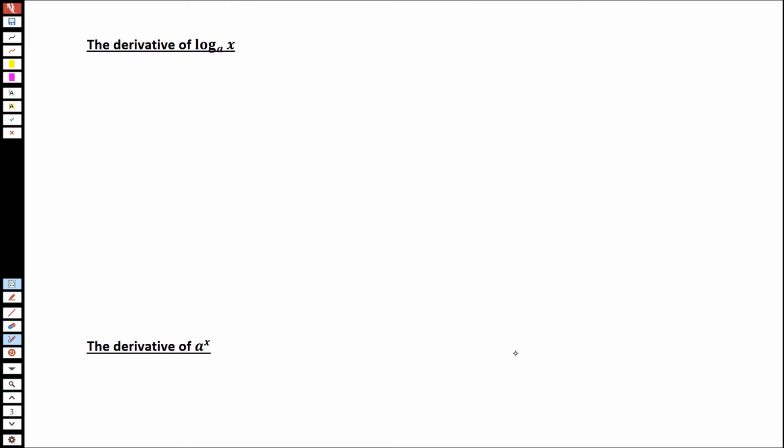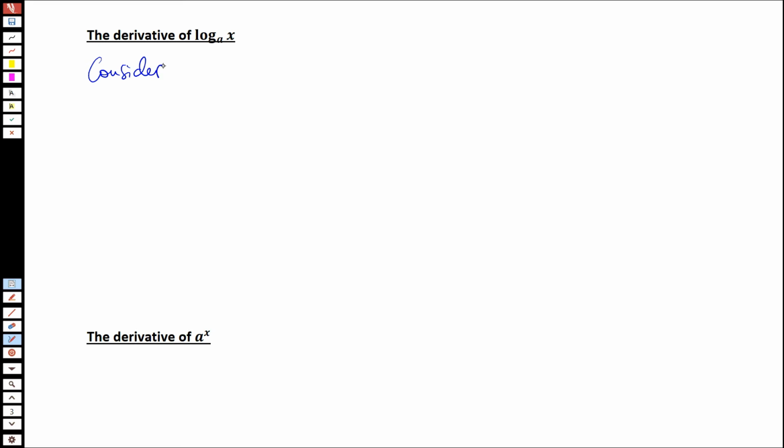Okay, so let's move on to the derivative of log to base a of x. Suppose we have y is equal to log to base a of x. We can change the base to e, and the reason behind that is we already know the derivative of the natural logarithm. So maybe by changing the base to e, our result from the previous situation can help us here.